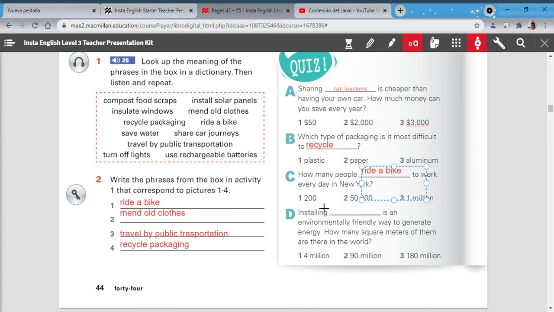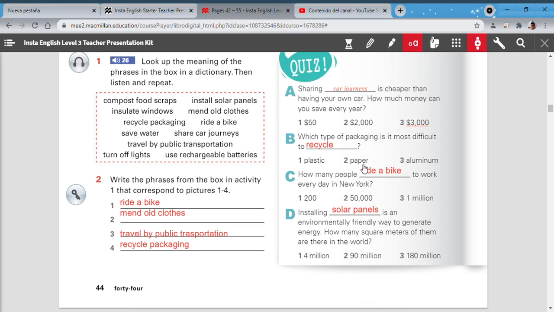Solar panels. Yes. Installing solar panels. Let's see. Is an environmentally friendly way to generate energy. How many square meters of them are there in the world?